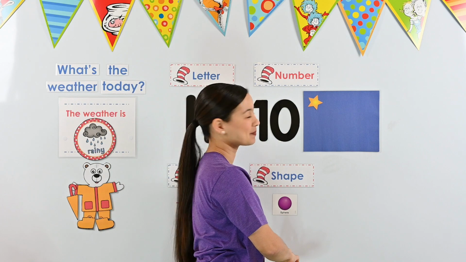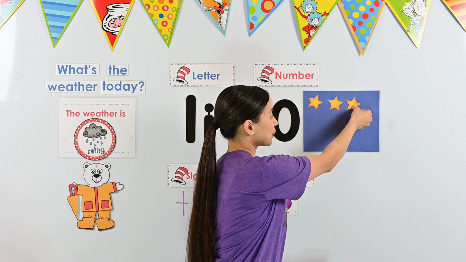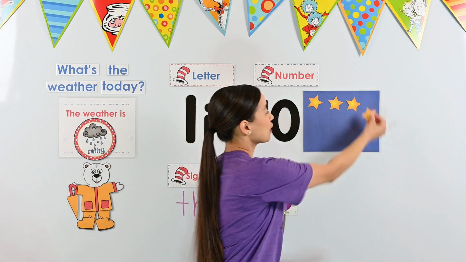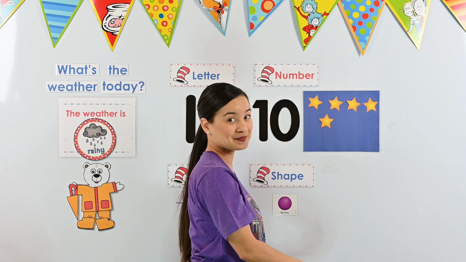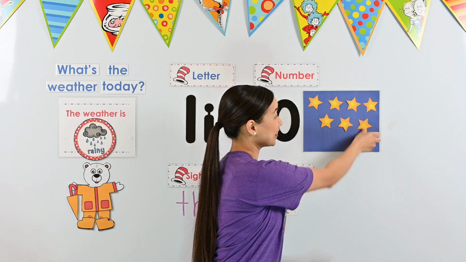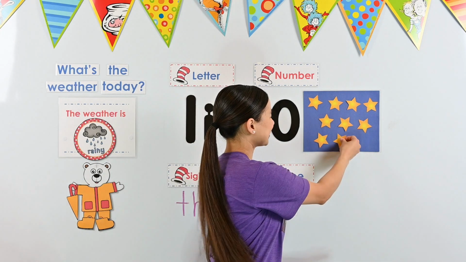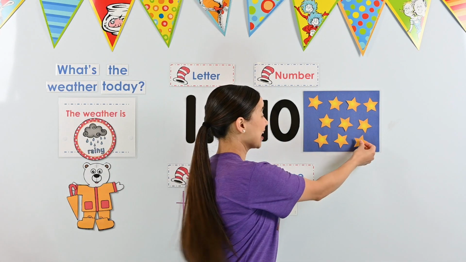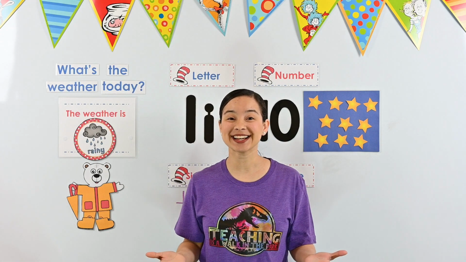1, 2, 3, 4, 5, 6, 7, 8, 9, 10. We counted 10 stars in the sky.